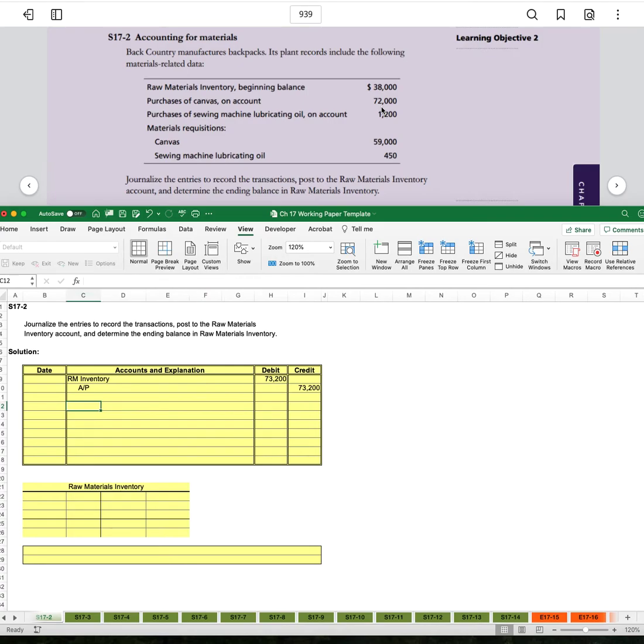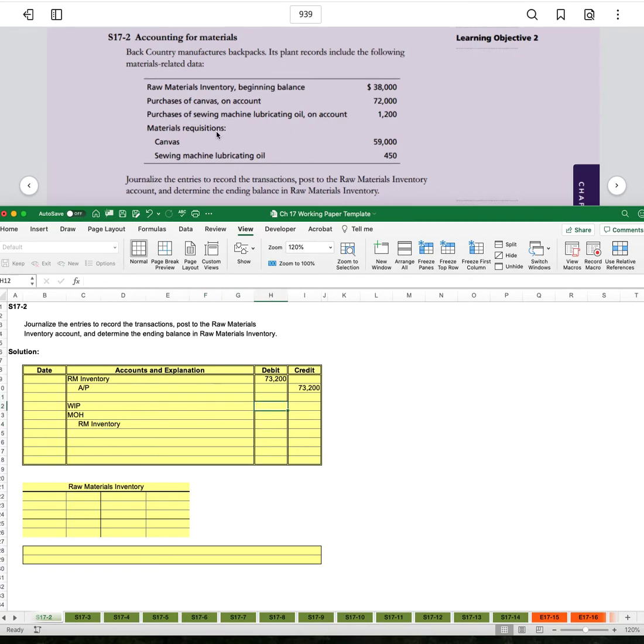And then we also need to show the materials being requisitioned and brought into production. And so we're going to debit our WIP inventory for the direct materials. We're going to debit manufacturing overhead for the indirect materials, and we're going to credit our raw materials inventory for the total of materials that were pulled out.